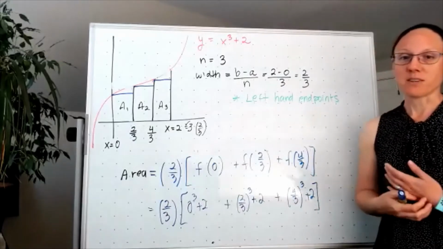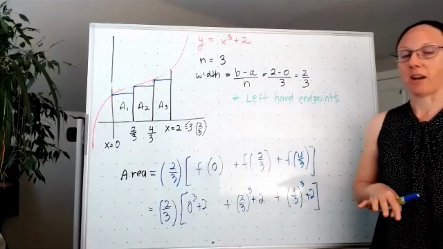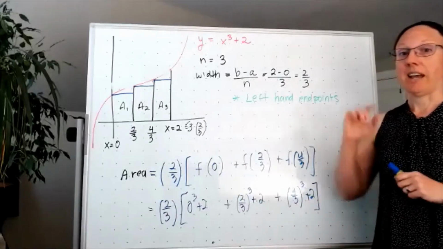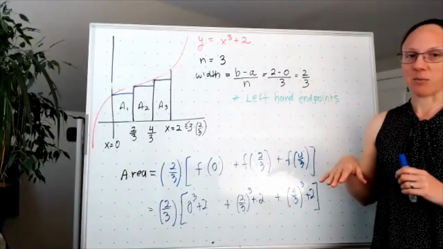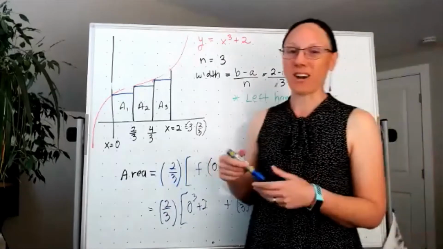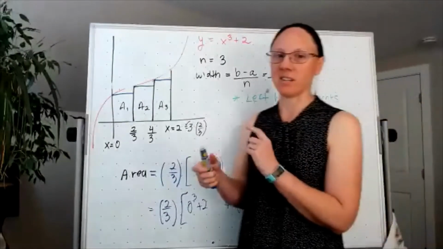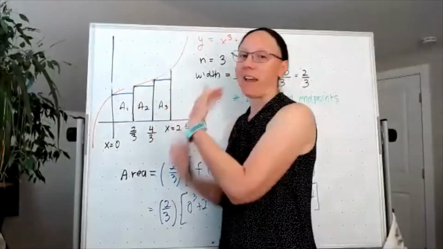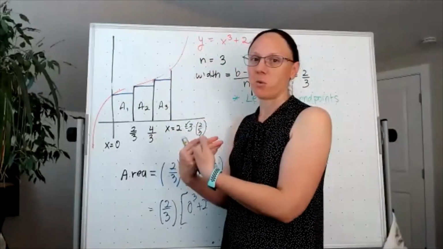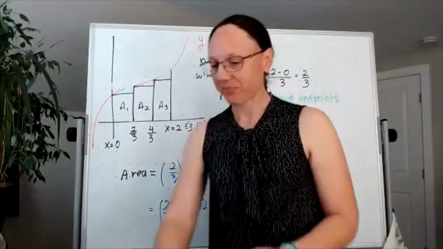Now, in terms of these two, the left-hand endpoints or right-hand endpoints, those have given us an overestimate and an underestimate. So here on the left-hand side, it's an underestimate, and we can think about this 2 ways. Each of these rectangles is under the curve. So it's an underestimate.